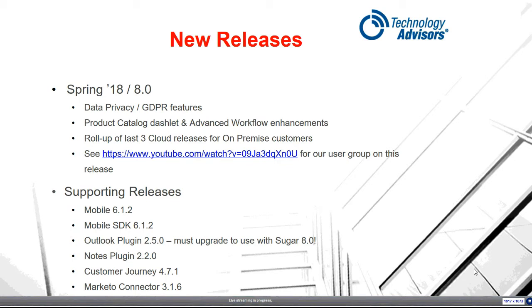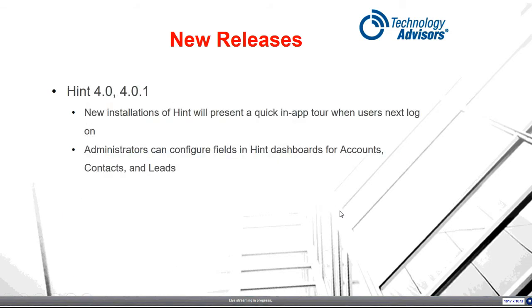And then one other release, this is also a supporting release, but had a couple of new features in it, which is Hint. Hint 4.0 and 4.01 have been released with a couple of new additional features for Hint. One of them is introducing your users to Hint, so a pop-up in-app tour on the login screen that just tells people about what Hint is and what it can do.